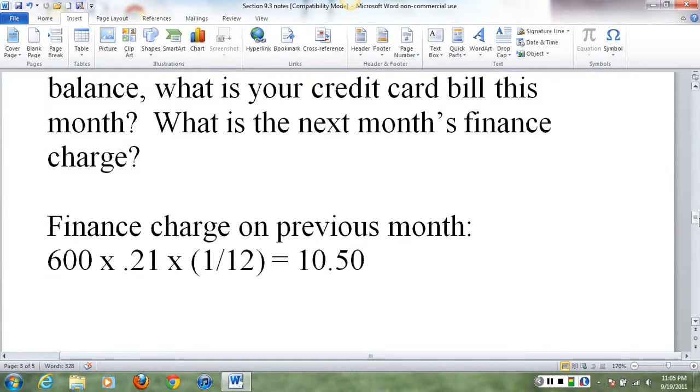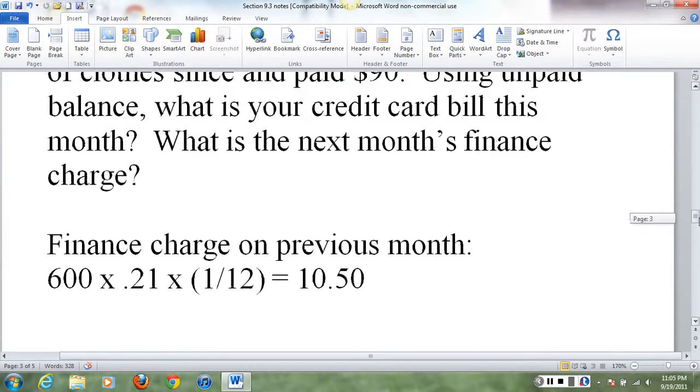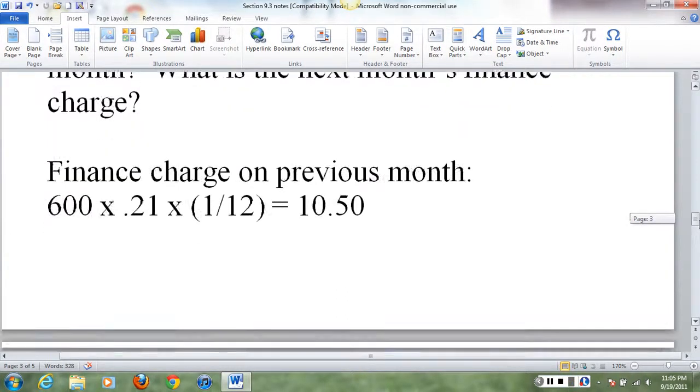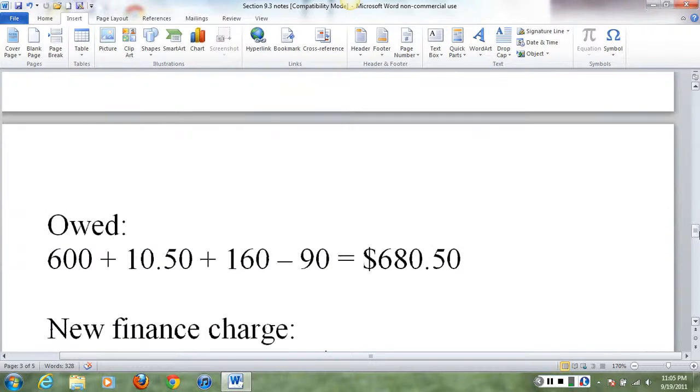So the finance charge in the previous month, of course, is the interest rate based on the balance, which is $10.50. So we're considering the new month's balance, the new credit card balance. So we have to add on the finance charge. So here's what we have.